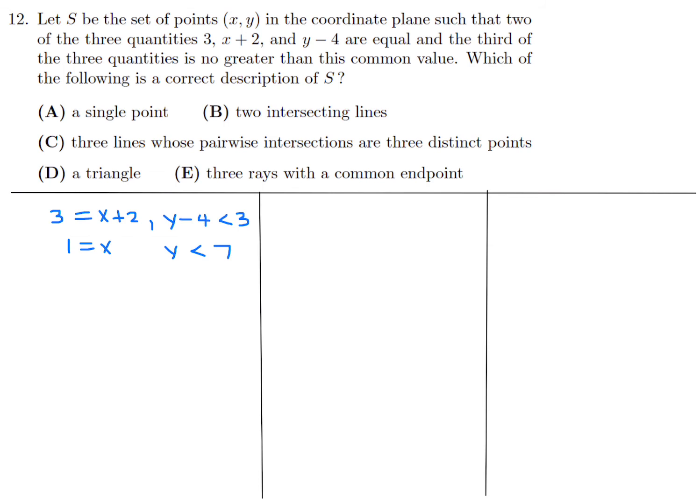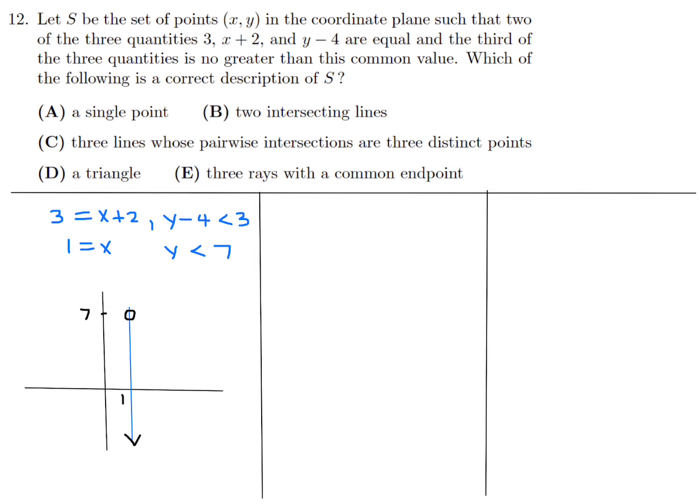So if I were to plot this on a graph, it would be x equal to 1, and y is less than 7. So if this is, say, 7 right here, y has got to be less than that. So I'll just draw a circle to represent that point, and then it basically is a ray that goes down.